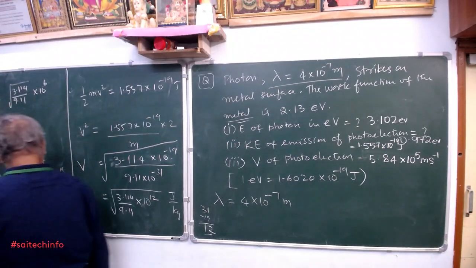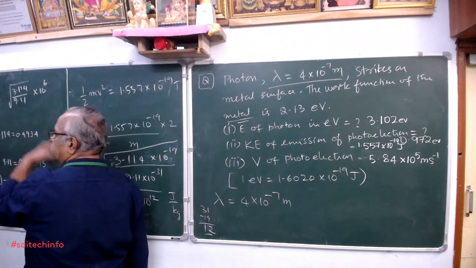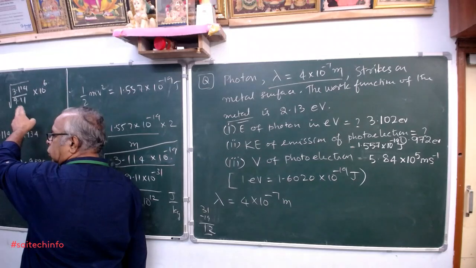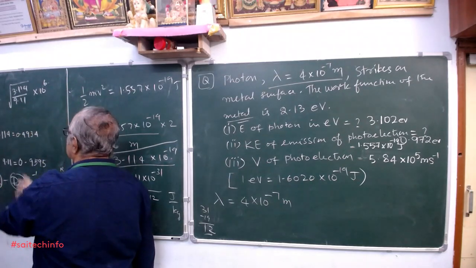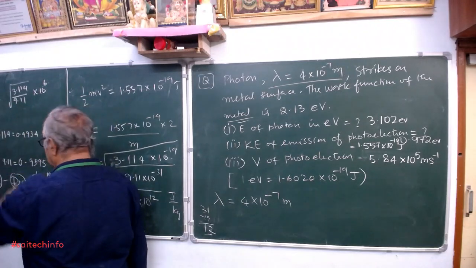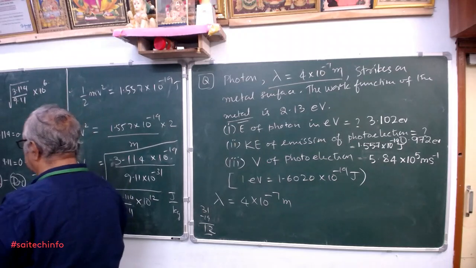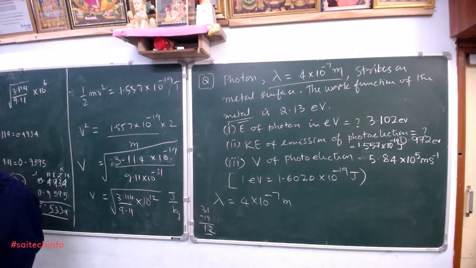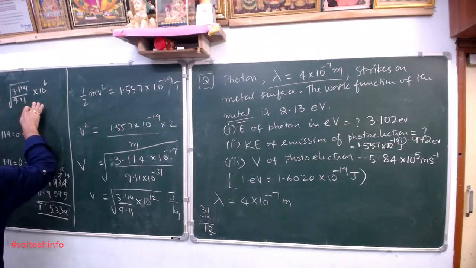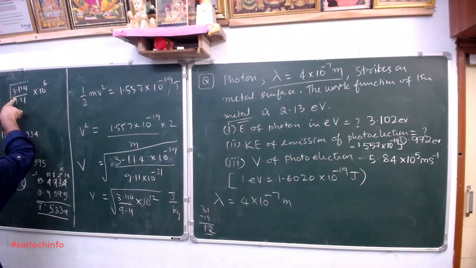Our objective is to find the square root of the quotient. We have found the quotient, but we have to find the square root. So in this case, you have to multiply this by 1 by 2. First you have to finish this, then you can finally take the antilog.